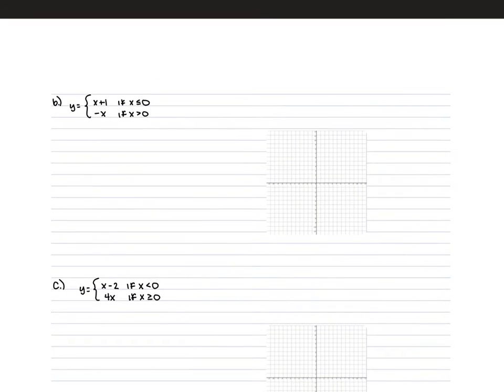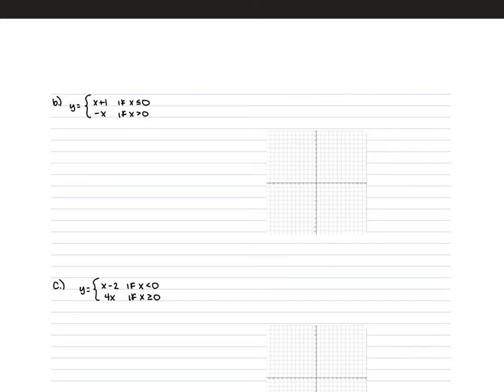For example B, we have y is equal to x plus 1 if x is less than or equal to 0, and negative x if x is greater than 0. Another way of doing this, which is not something that I care to do, but I'm going to show it to you either way, is to graph each of these functions separately and then look at my x values that are being covered and erase whatever I don't need.